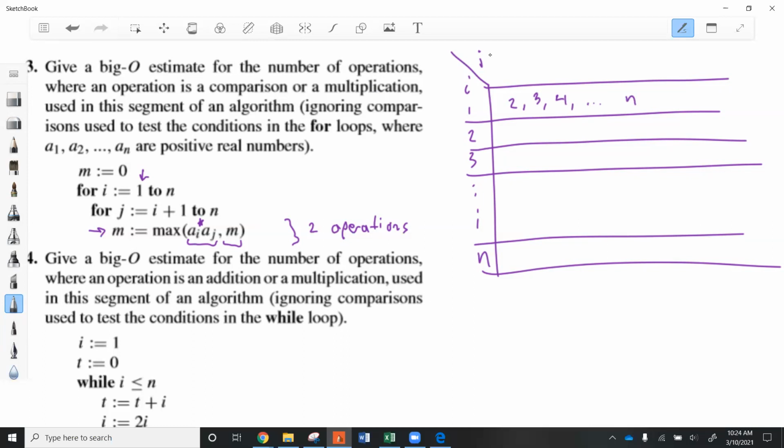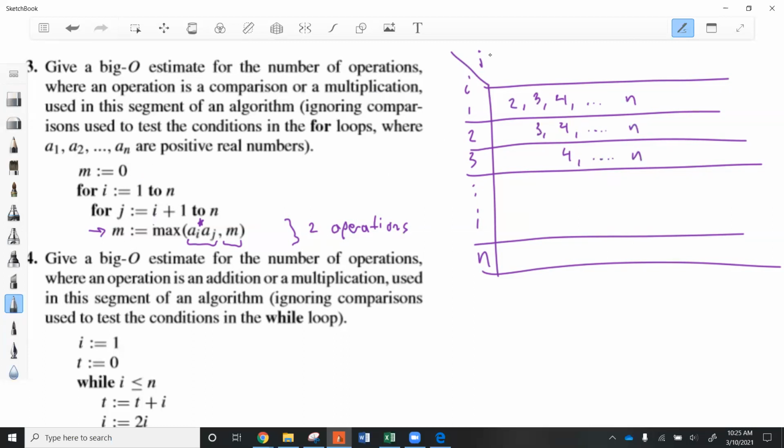Then when i equals 2, the first j value is going to be 2 plus 1, which is 3, and that's going to go up to n. Now if i equals 3, 3 plus 1 is 4, so the first j value is going to be 4, and that's going to go up to n. And that's going to increase until you get to n.